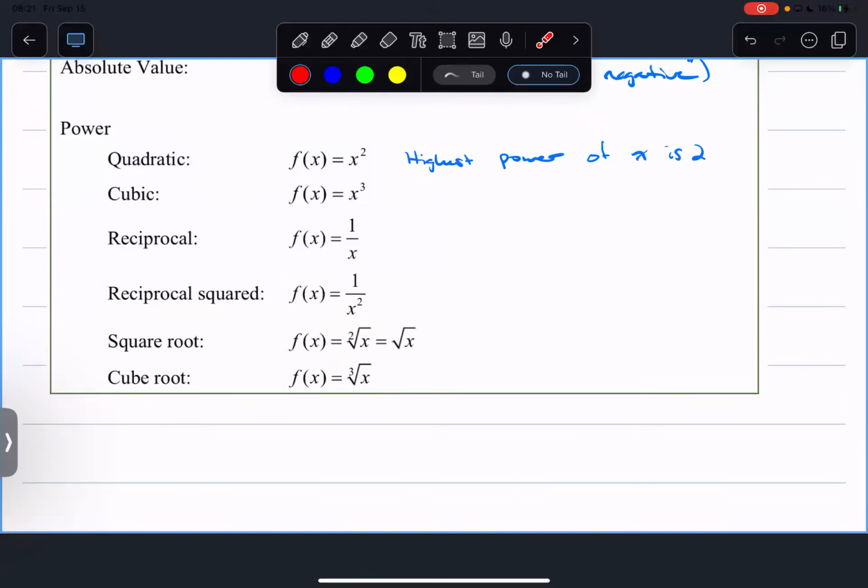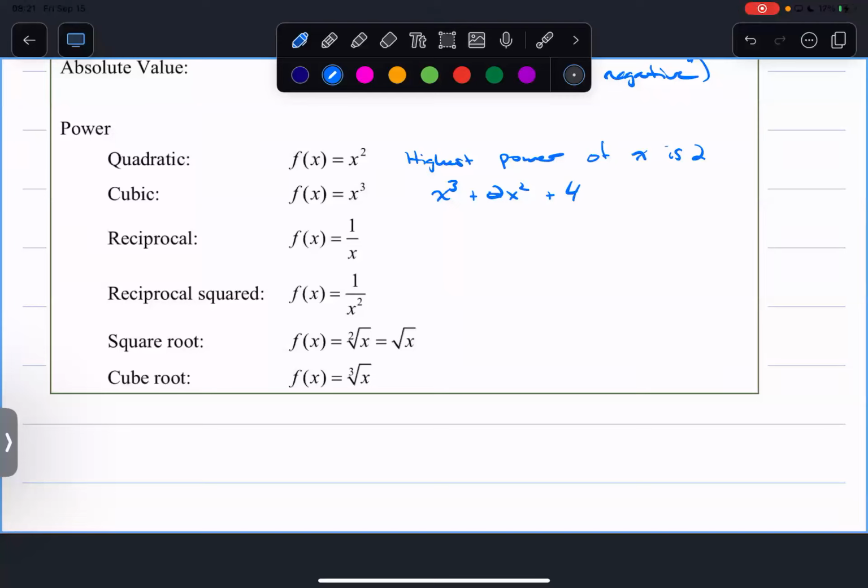Anyways, pretty funny. So quadratics, cubics, recognize those, and they can appear in multiple ways. It can be a polynomial like x to the 3 plus 2x squared plus 4, right? Things like that. But as long as the highest power is 2, it's a quadratic.